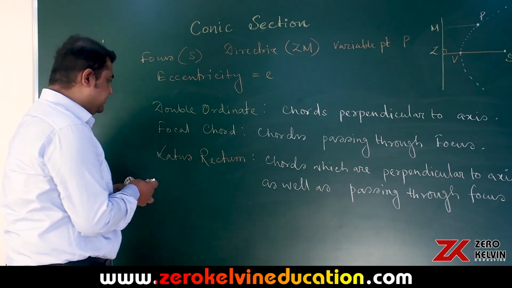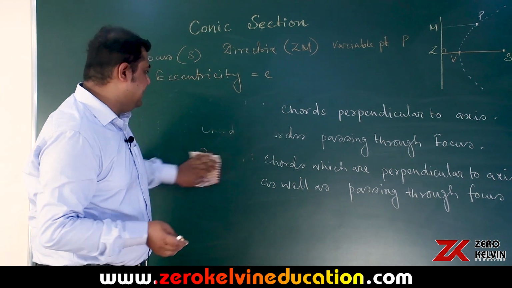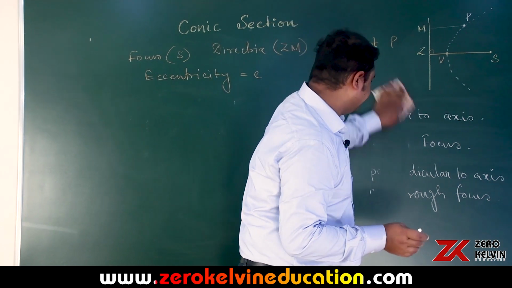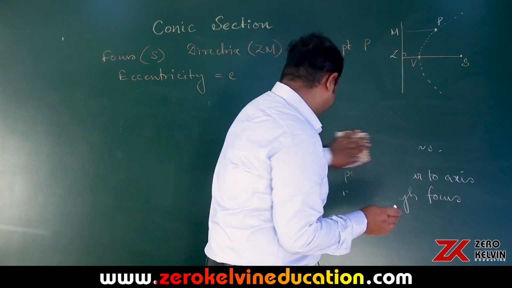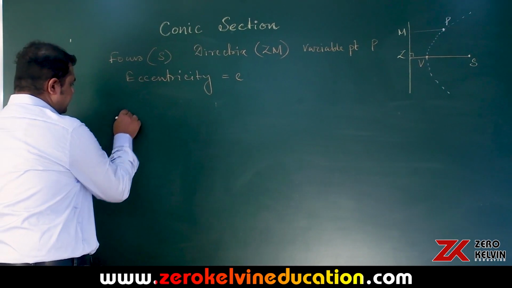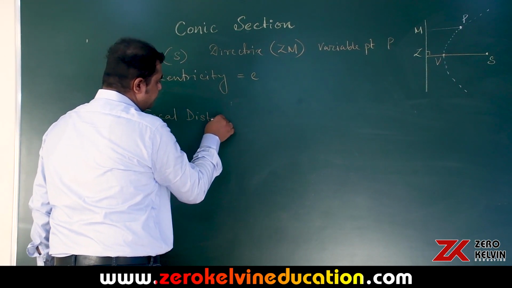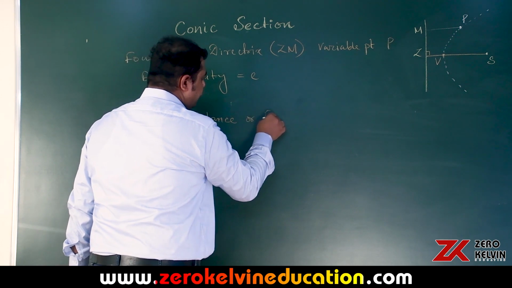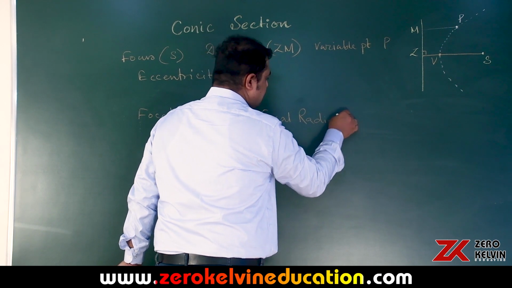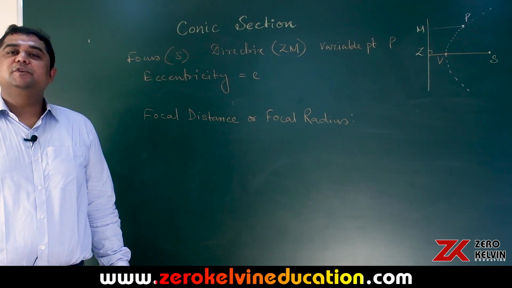So, after latus rectum, we will consider a parameter that is called focal distance of a point. Now, what is focal distance or focal radius? We will have a discussion. In any conic, focal distance or focal radius is the distance of a point on the conic from the focus.